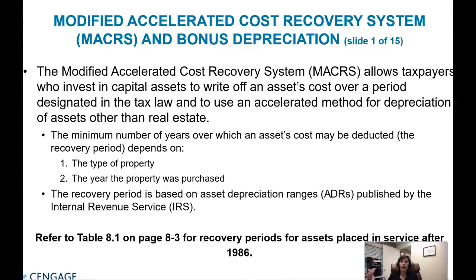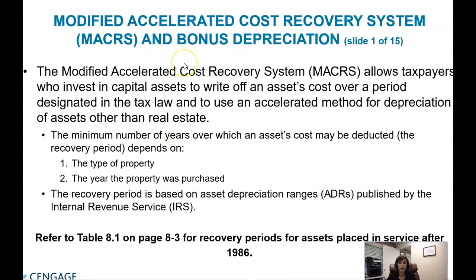So by using the MACRS method, we can take the bulk of the expense in the periods where we're probably generating the bulk of the revenue from the use of this item.